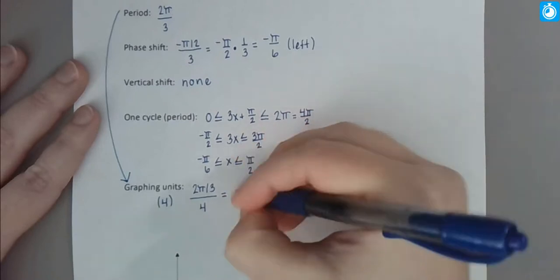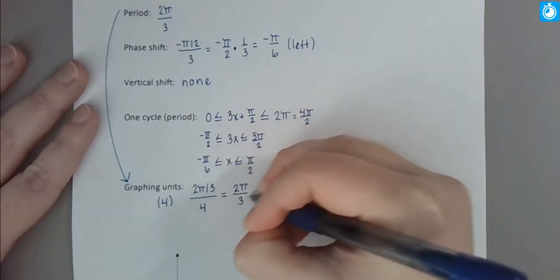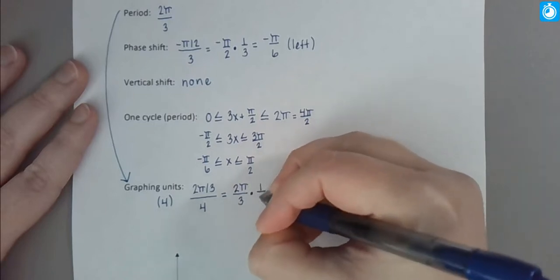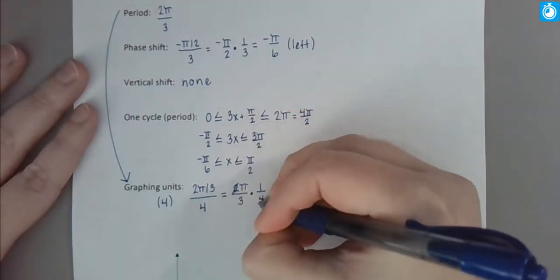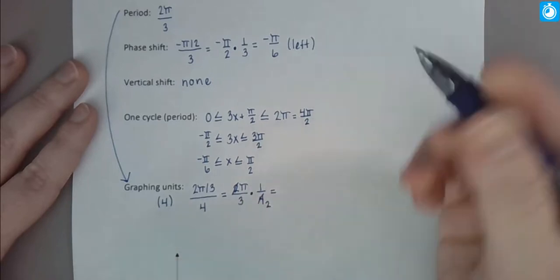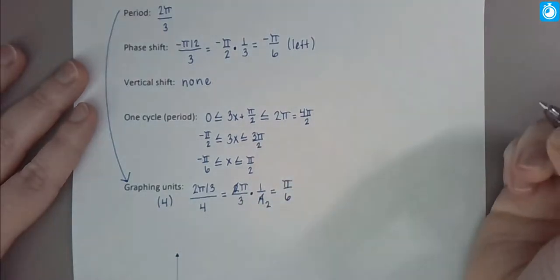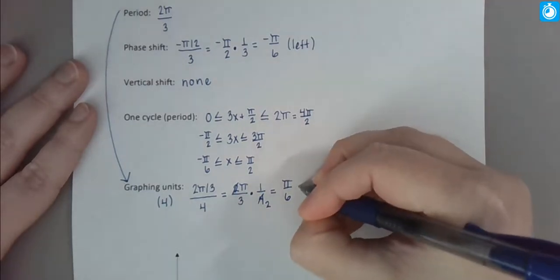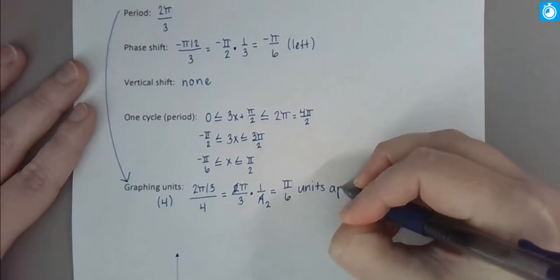So let's see what this is going to be. Again, we're dividing a fraction by another fraction. We can change that into multiplication by the reciprocal. And if we want, we can go ahead and reduce that 2 and 4. That may be helpful. So that's going to turn this denominator into a 2. And then we can just multiply straight across. So that's going to give us pi in the numerator and 6 in the denominator. So pi over 6 what? Well, pi over 6 units apart.